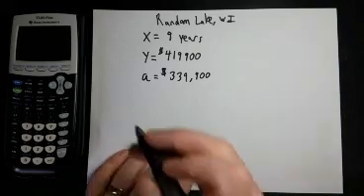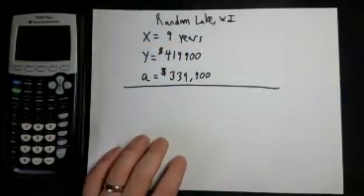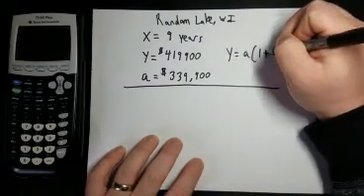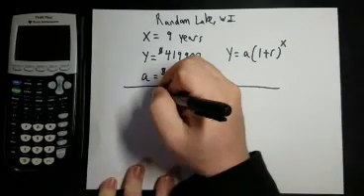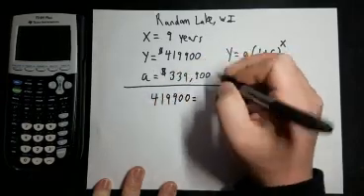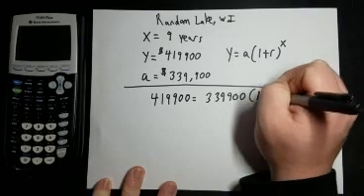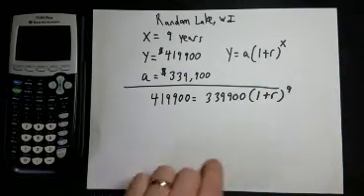So we need to calculate the rate of appreciation, the rate of growth. Similar situation to what we did before, except now we are using the following formula. If you plug the numbers into their appropriate locations, you can see that we still have to solve for r.